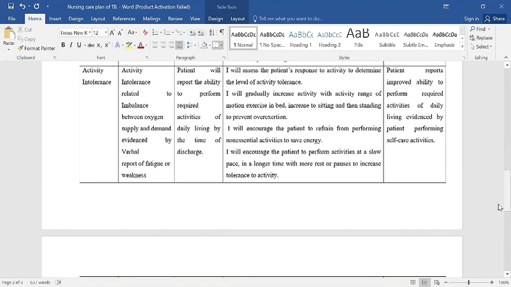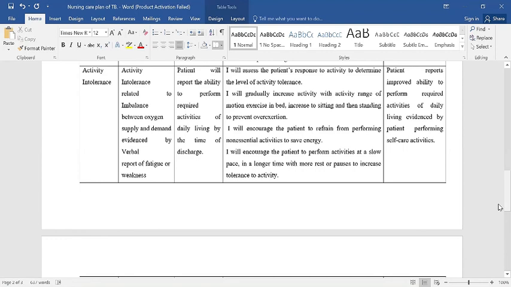When there is less oxygen, there will be poor tissue perfusion of this oxygen, so it will not be going into the tissues as required. Therefore, the patient's activity will reduce. That is why we've used our problem, which is activity intolerance.